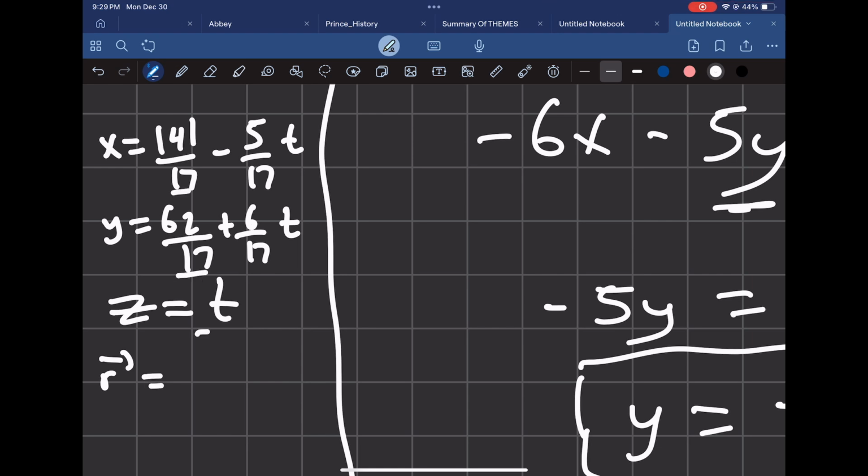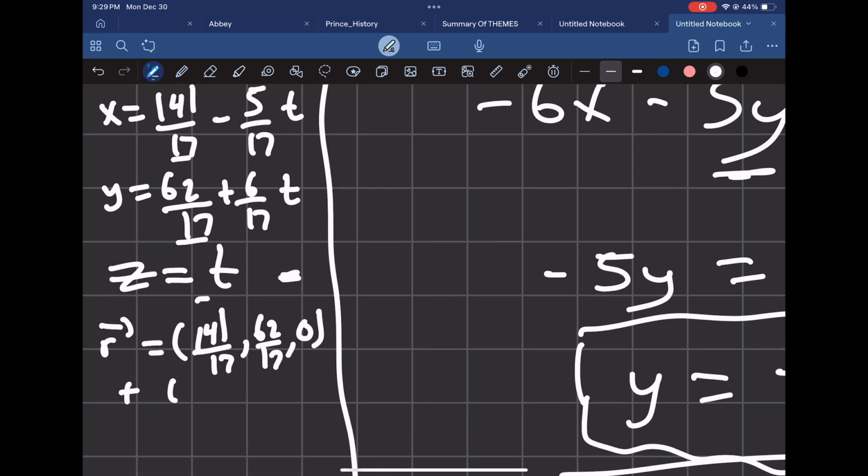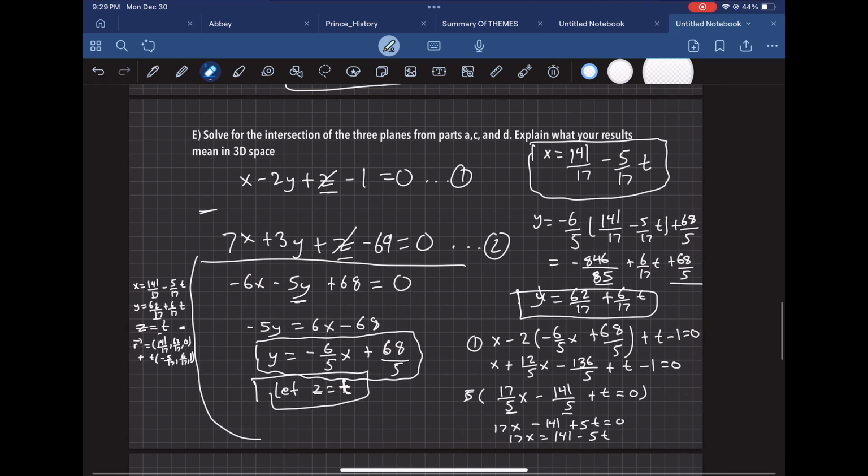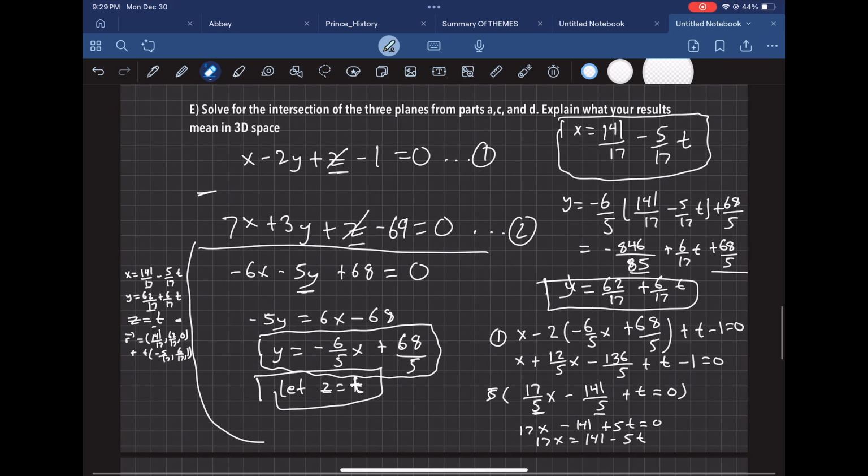So r equals 141 over 17, comma 62 over 17, comma 0, because there's no constant here, so it's just 0, plus t, times negative 5 over 17, 6 over 17, and 1. So that is the line of intersection that these three planes, or two planes technically, make.